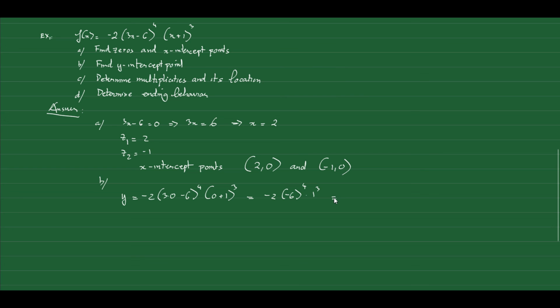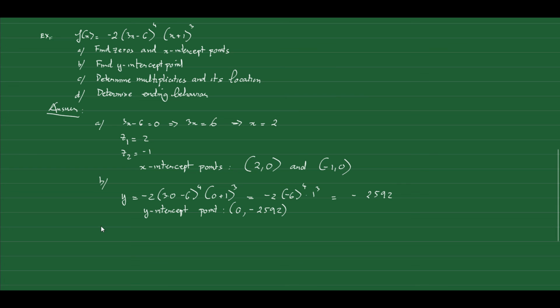Negative 6 raised to the 4 is a pretty big number, then times negative 2, you have negative 2592. So the y-intercept point will be (0, -2592).